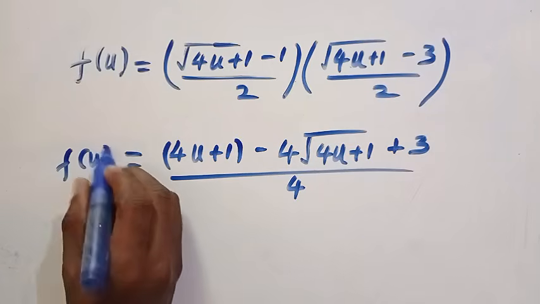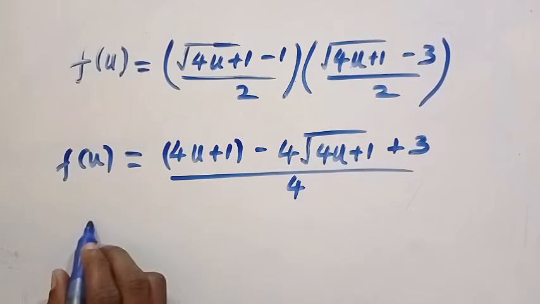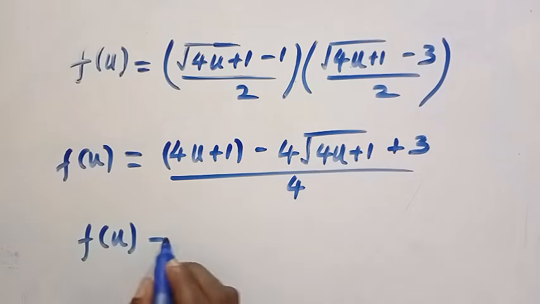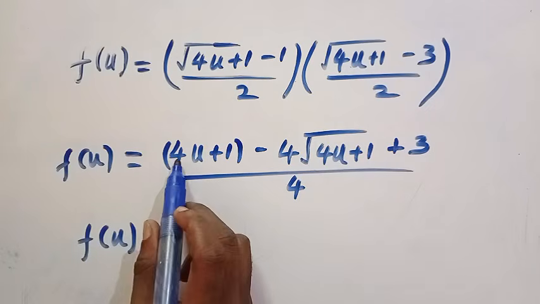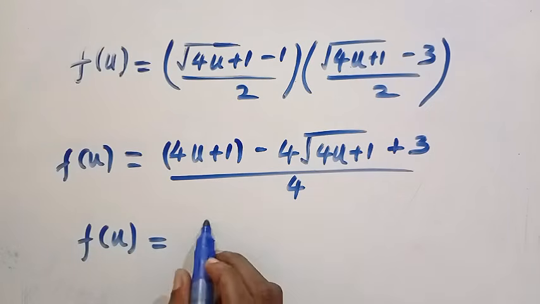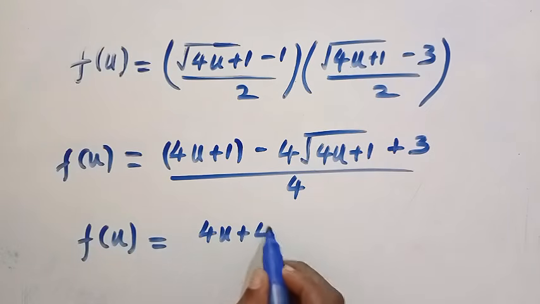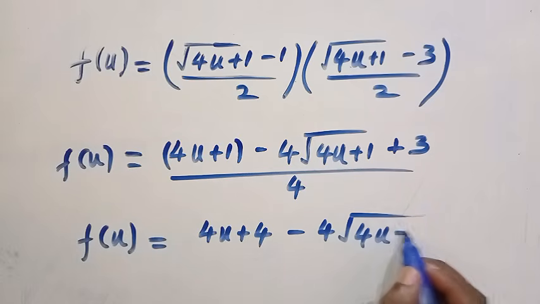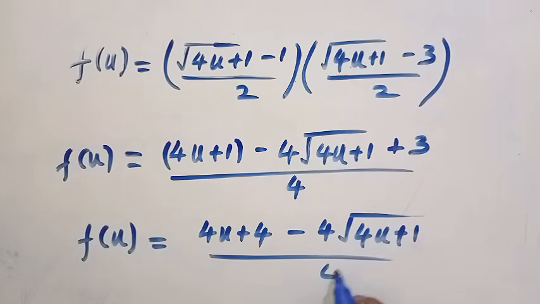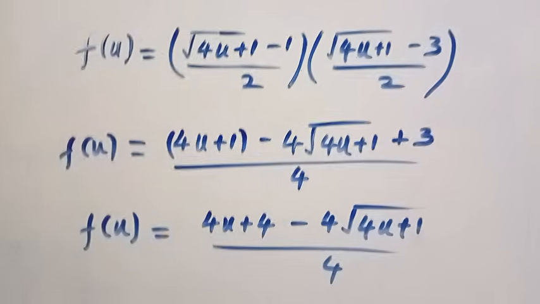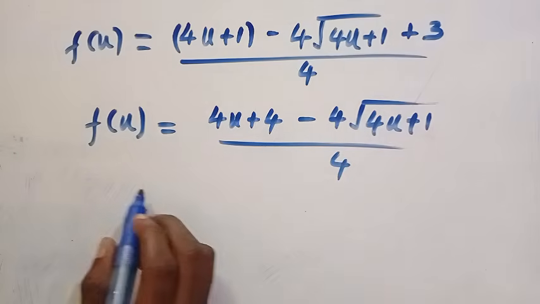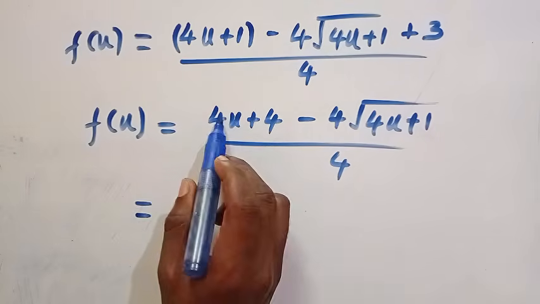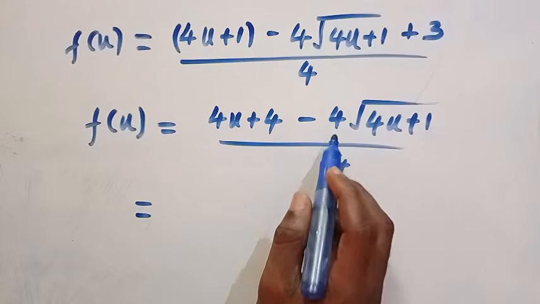So everything equals f of u. Here we have f of u equals 4u plus 1 plus 3, that gives us 4u plus 4, then minus 4 square root of 4u plus 1, all divided by 4. Next, we have f of u equals, this is 4, this is 4, this is 4. 4 is common to them.